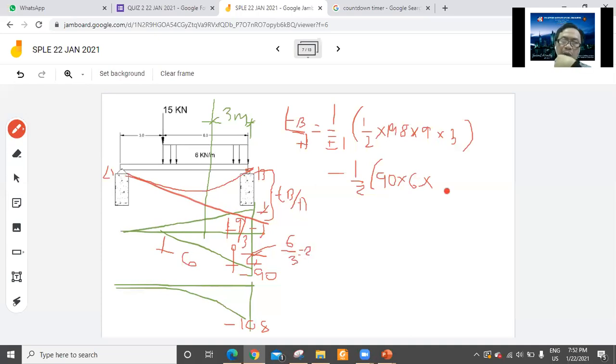It is a triangle, so 1/3, times 2. What else? Minus. What is this degree? Starting from here. If this one is degree 0, the next line is 1. This one is second degree.